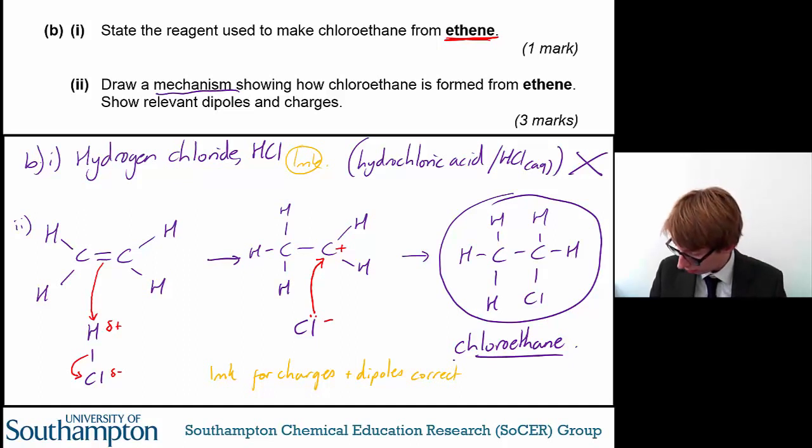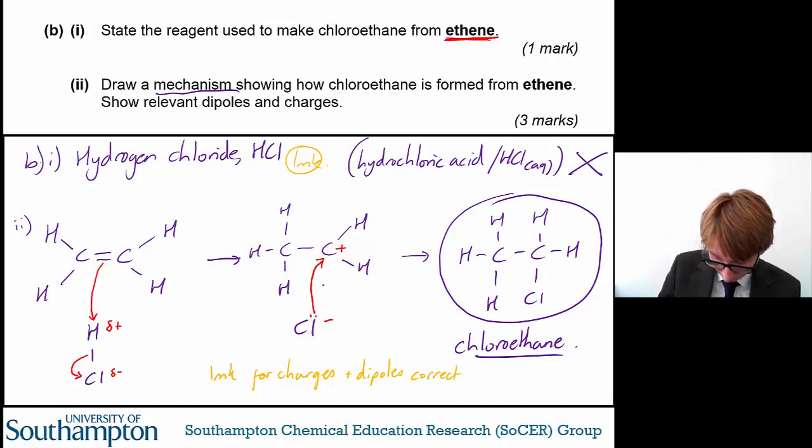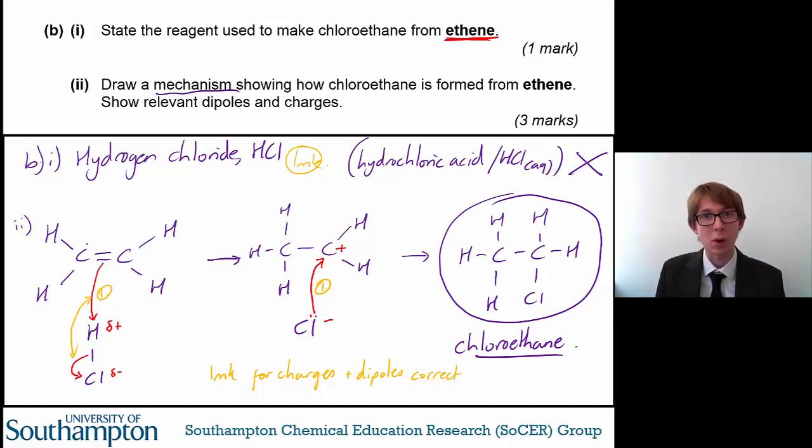You get 1 mark for this arrow here, and you get 1 mark for these arrows here. Okay, so 1 mark for both these arrows, yeah? So you get a mark for those curly arrows in the first step, curly arrow in the second step, and for the charges and the dipoles being correct. So from there, there's your 3 marks. And that's the end of the first question.